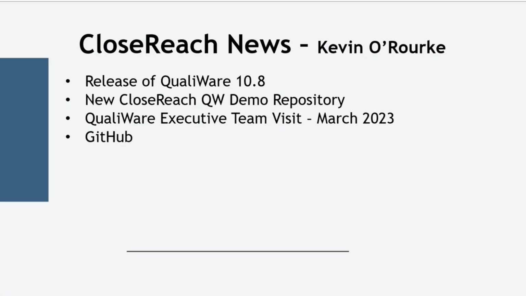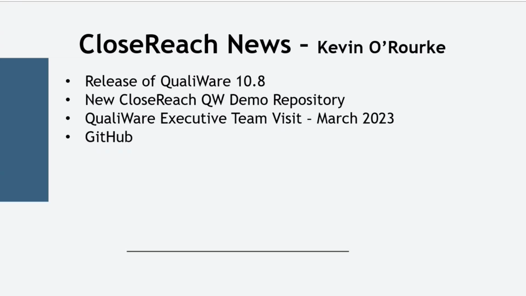There'll be more information coming out about that. Typically, we'll do roundtables or in-person meetings with some customers, so if you're interested in something like that, let us know, and we'll set that up.